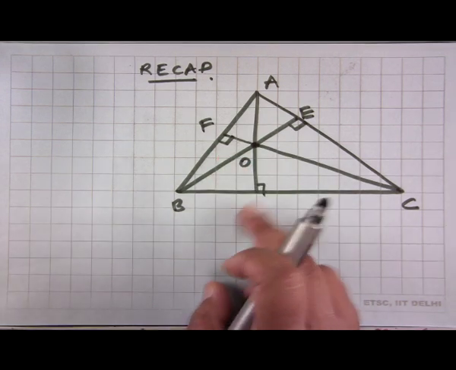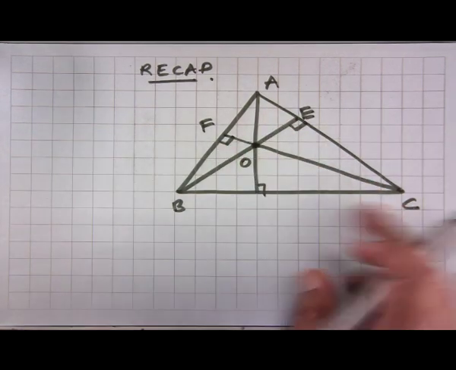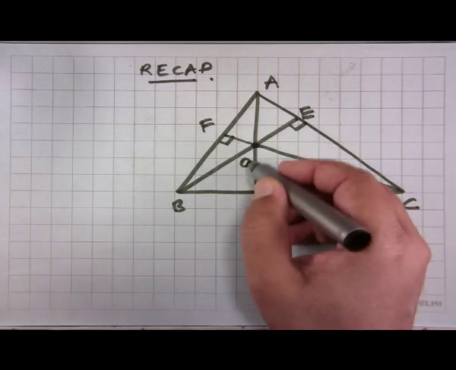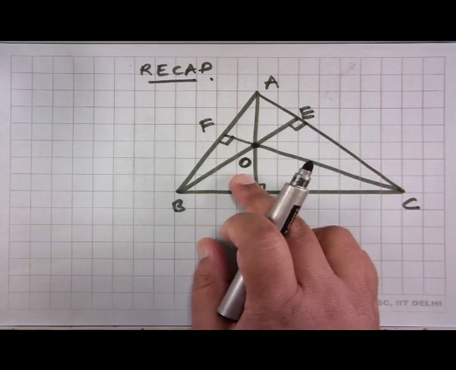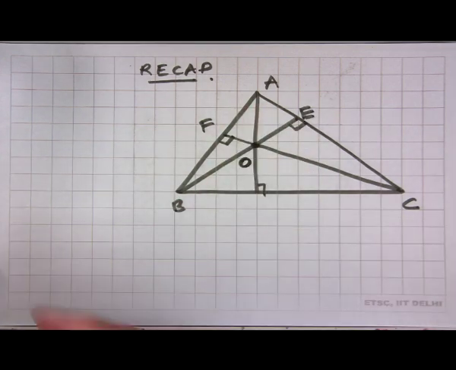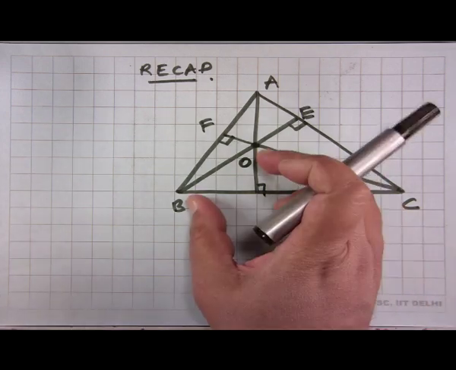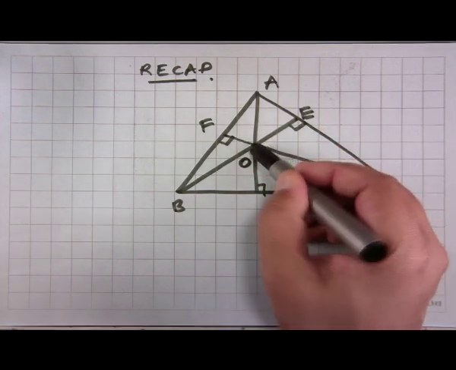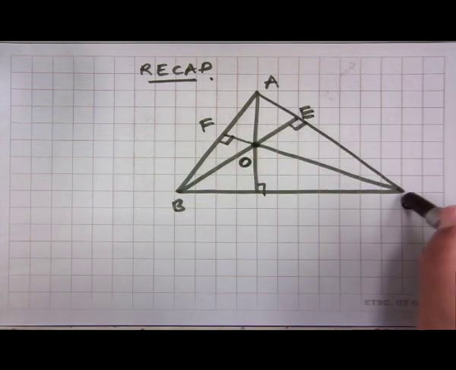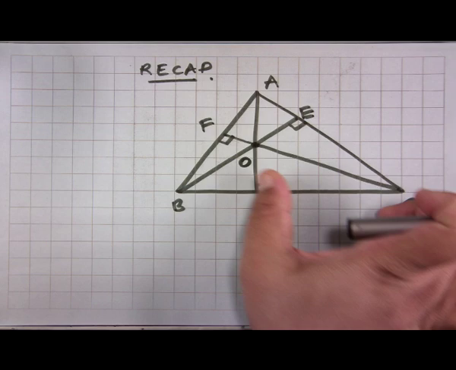So, it turns out that all these three perpendiculars are concurrent at this point O, which is called the orthocenter of the triangle ABC. Of course, we then derived formulas for the distance between the orthocenter and the vertices of the triangle, which is basically these three lengths.